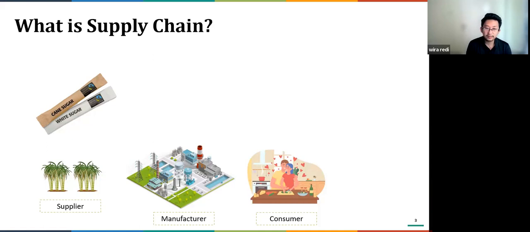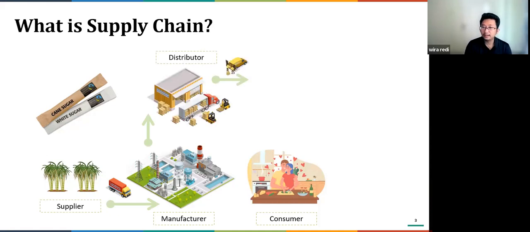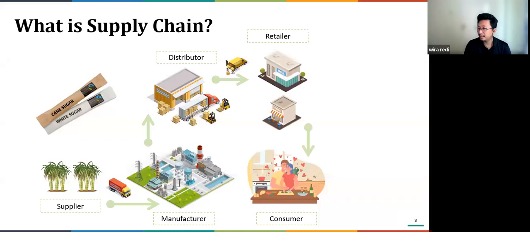The sugar cane farmers may have vast areas of crops, and after being harvested, these need to be delivered to the manufacturers, and then go to the distributors, and then have another logistics activity to the retailers, either big or small, and then it finally comes to our hands as an end customer, which is the party or entity that is the last one to consume these products or services.